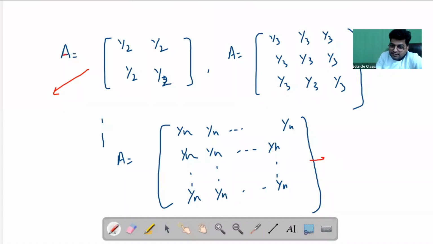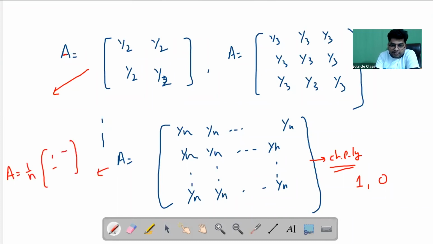This is an idempotent matrix, and the characteristic polynomial, you can find the eigenvalues: one will be 1 and one will be 0. 0 will come because see, you can say this problem is A equal to 1 by n times the matrix of all entries 1.